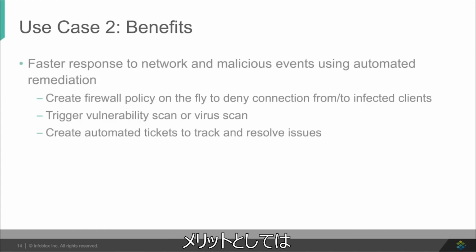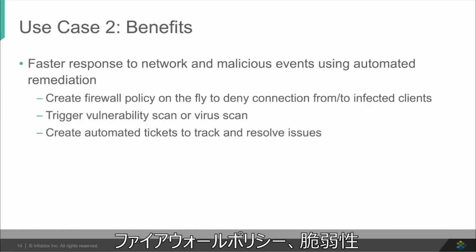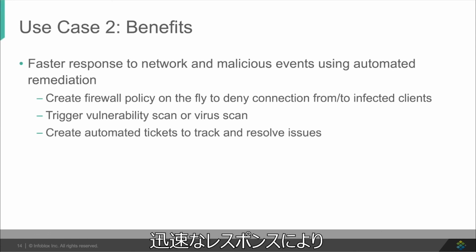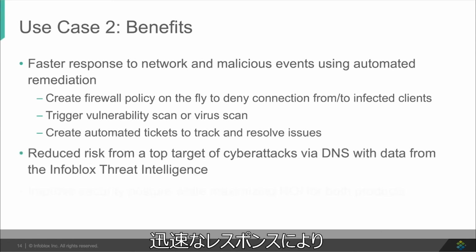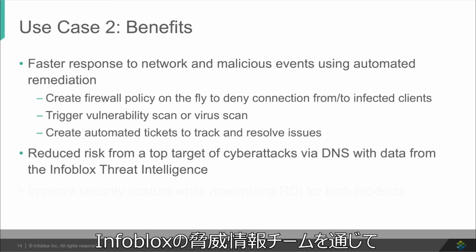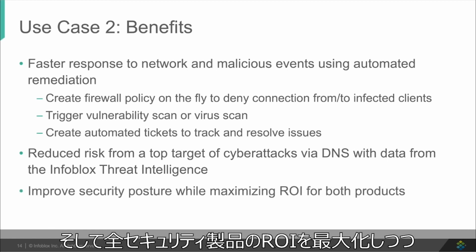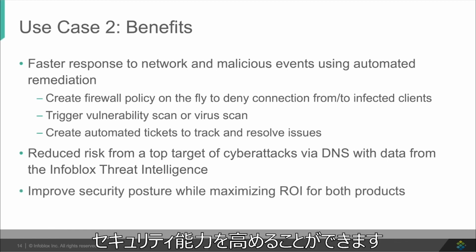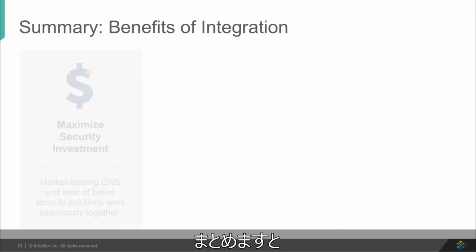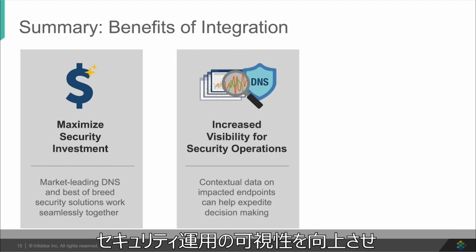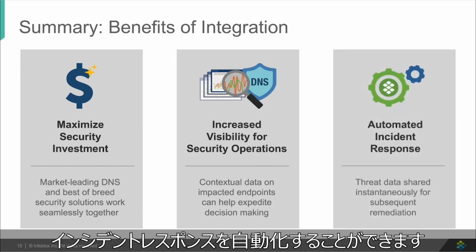Benefits of this include faster responses to firewall policies, vulnerabilities, or virus scans, and creation of tickets, reduced risk of targeted attacks by way of the DNS with data that Infoblox provides through the threat intelligence teams, and finally, improved security while maximizing the ROI for all your security products. So this all around maximizes your security investment, increases the visibility for your security operations, and automates incident responses.